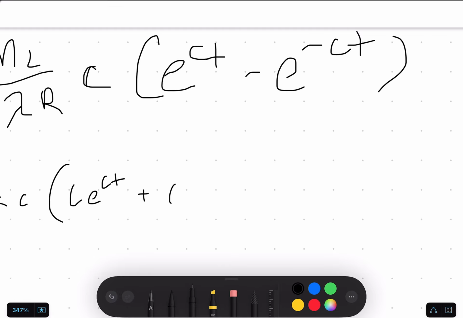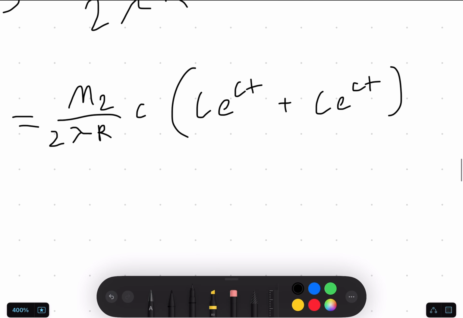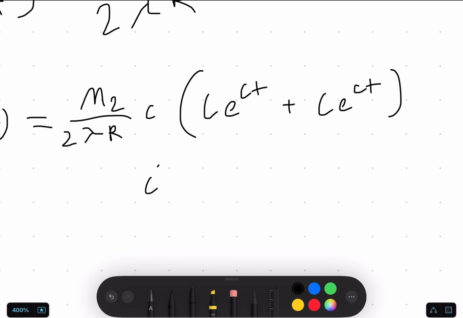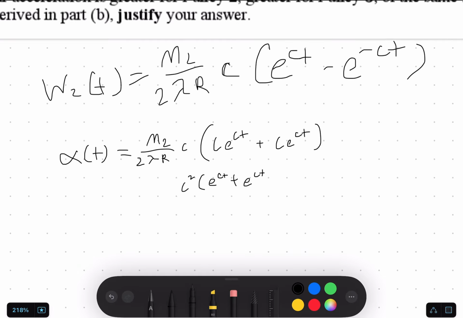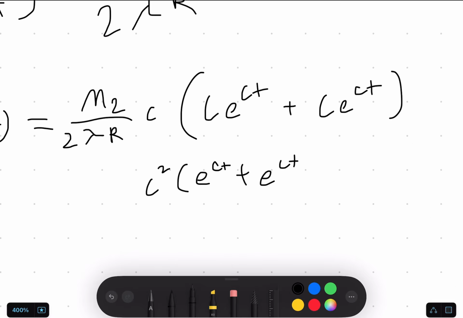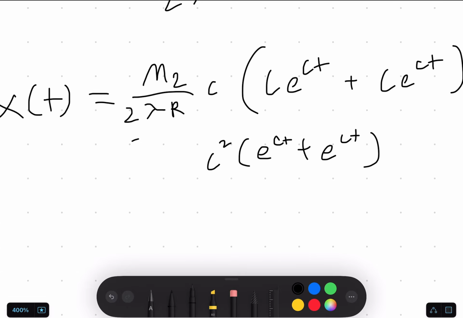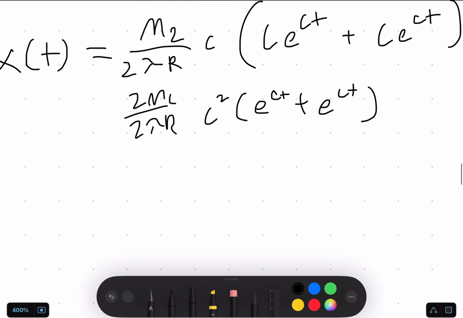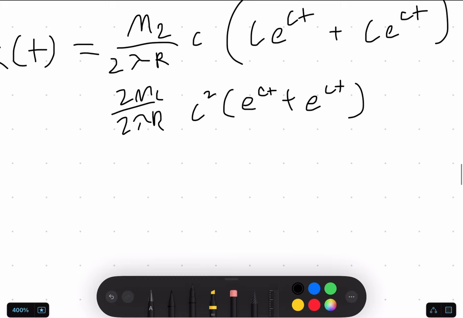So you get positive now, and bring out the c, so that's c squared times e to the ct plus e to the negative ct, which is just 2 e to the ct.